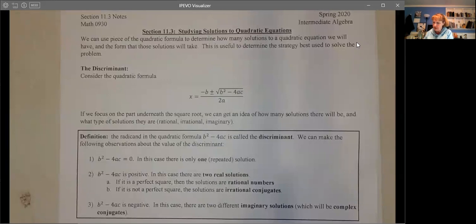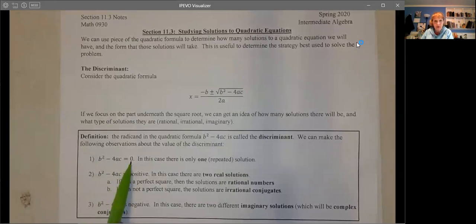First off, we're going to start with what happens if the discriminant, b squared minus 4ac, is equal to 0. What does that tell you about the solutions?